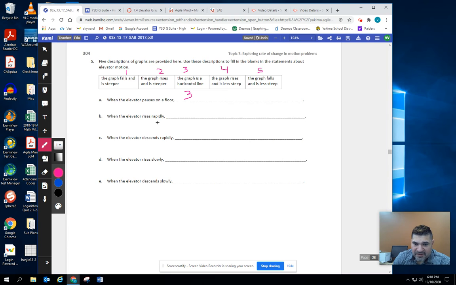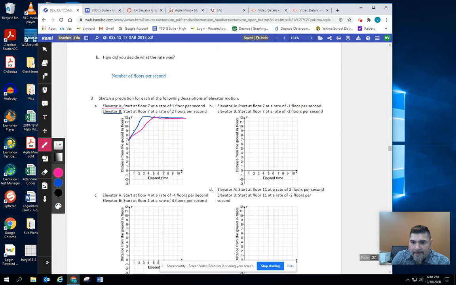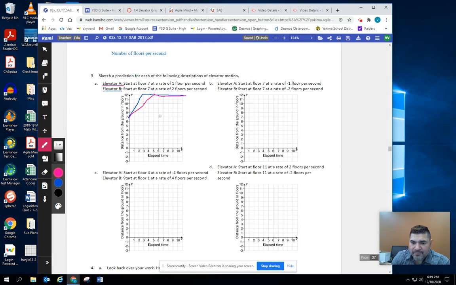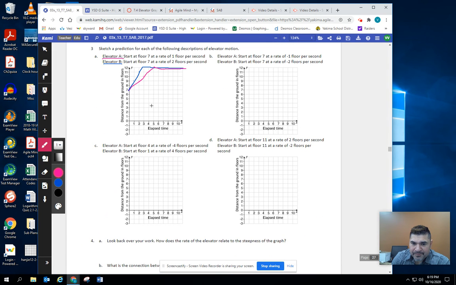When the elevator rises rapidly, key point there, rapidly, it means it's going up faster. Let's take a look over here. This one here is going up faster. What do we notice about the slope there?